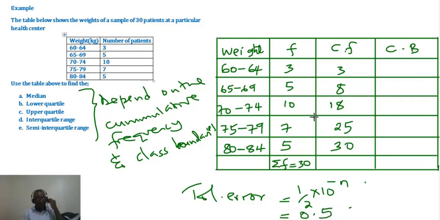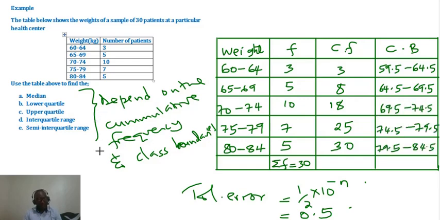So we are going to take our 0.5 from the lower class limit and then add 0.5 on the upper class limit. So this is going to be 59.5 to 64.5. Then this will be 64.5 to 69.5, and so on for the rest of the other classes.